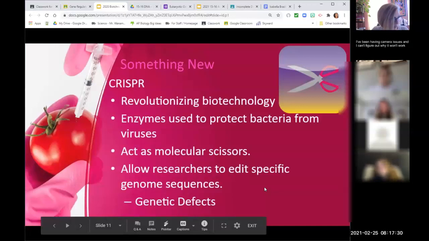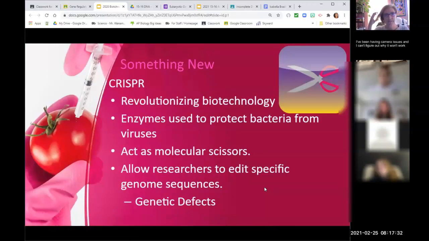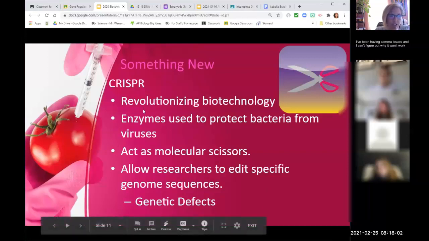So what you're going to view tonight is your short little video on CRISPR. So CRISPR has been, I don't know if I can say new anymore, but it was new in the last handful of years. It still seems new. You actually see commercials referring to using CRISPR to take care of cancer, although they don't use the word CRISPR, but some of the medicines that they're referring to, it's using CRISPR.